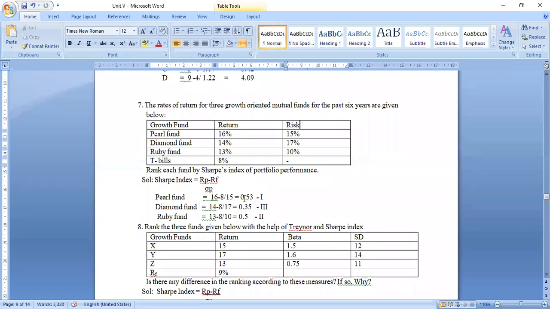So we get the value 0.53. For Diamond, 14 minus 8 divided by 17, we get 0.35. For Ruby, it is 13 minus 8 divided by 10, we get 0.5. So in this way, we have done the ranking. First is Pearl fund, that is 0.53. Then Ruby, 0.5. And Diamond, it is 0.35.